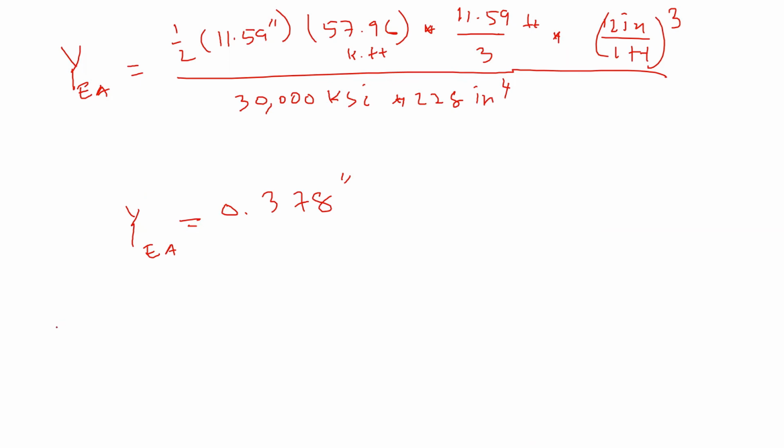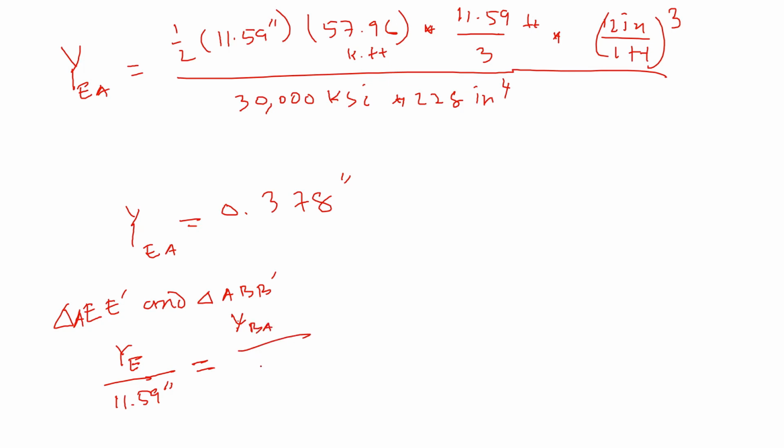So if we compare triangle AE prime and triangle AB prime, we can write that YE, the small triangle height, divided by the small triangle base, which is 11.59 inches, is equal to the large triangle, which is YBA divided by the large triangle base, which was 24 foot.